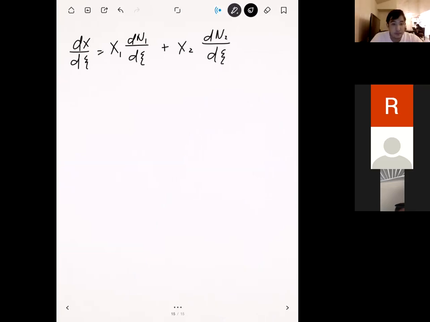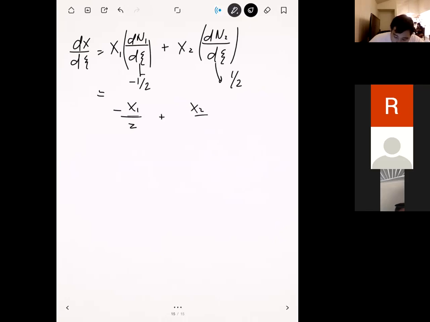Evaluating those derivatives, dn1 d zeta is -1/2 and dn2 d zeta is 1/2. So this is minus x1 over 2 plus x2 over 2, which is simply x2 minus x1 all over 2.